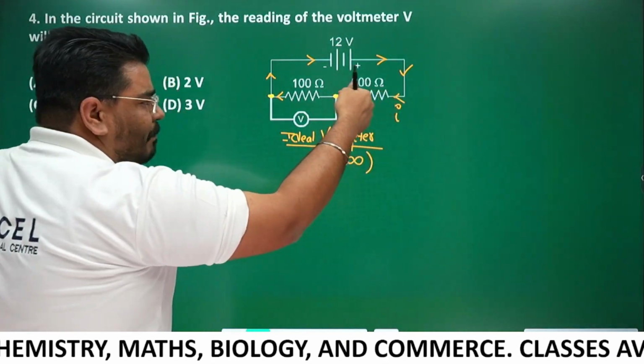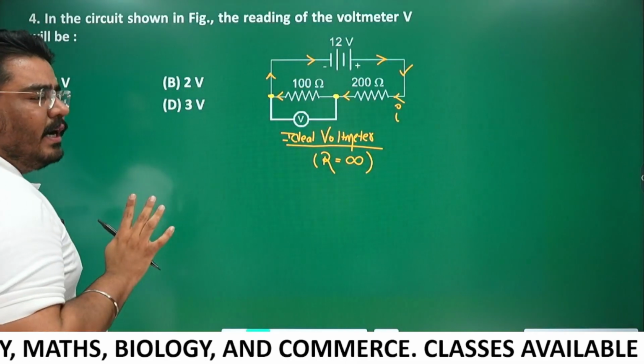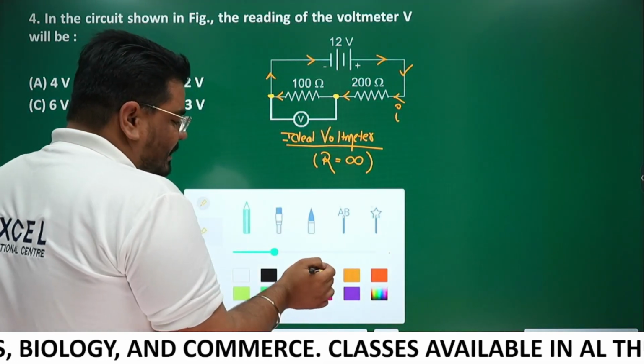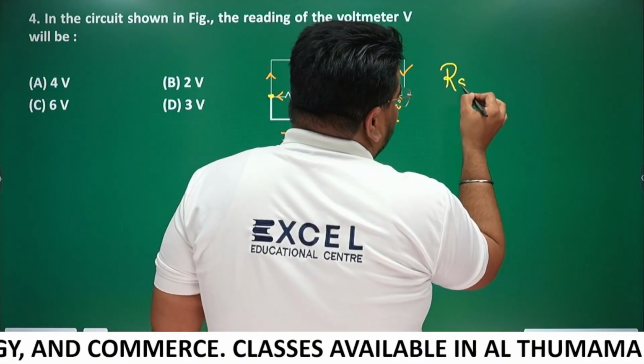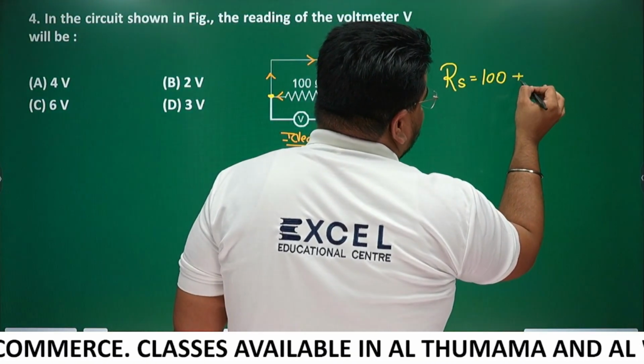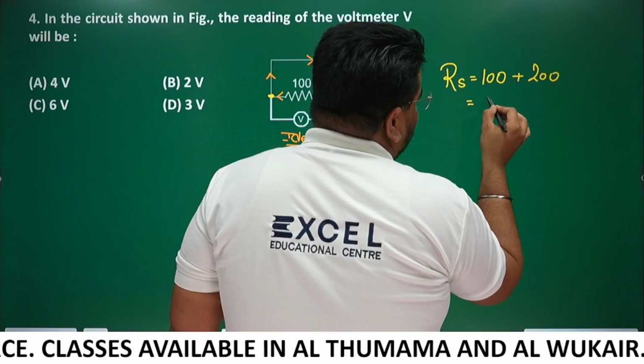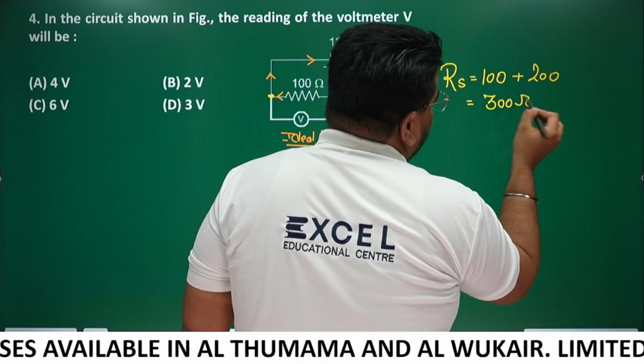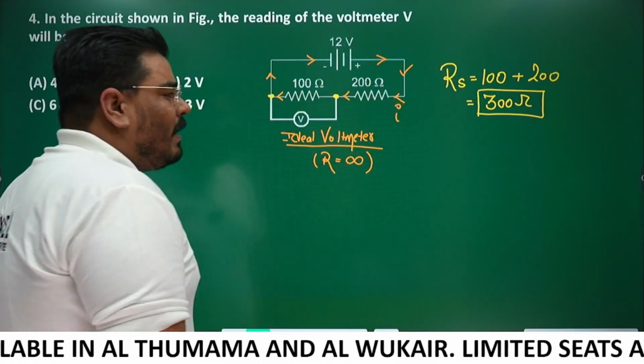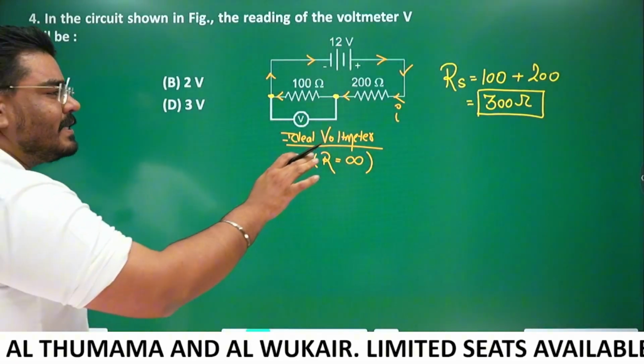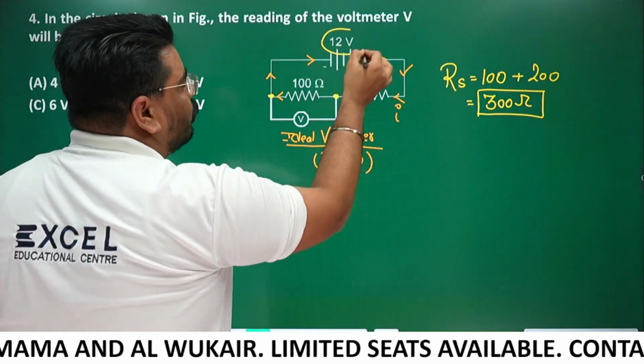So whatever current passes through 200 will pass through 100. Sir, that means they are both in series. And if they are in series, my friend, easy peasy. Sir, 100 plus 200 is how much? 300 ohm. That is the equivalent resistance of the given circuit. Do we already have the voltage? Yes.